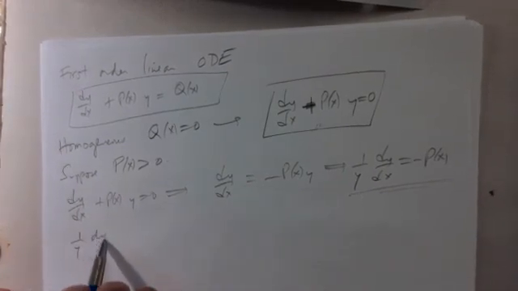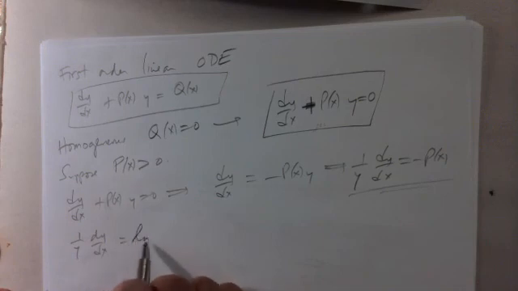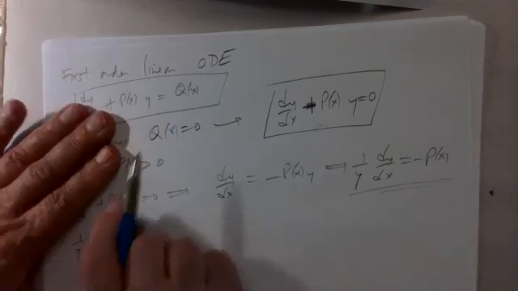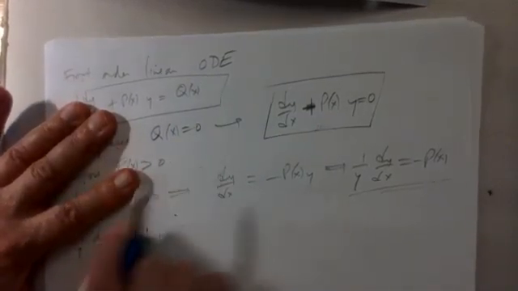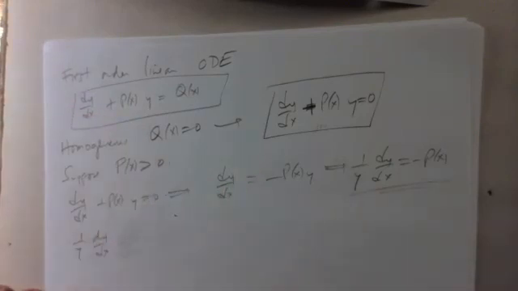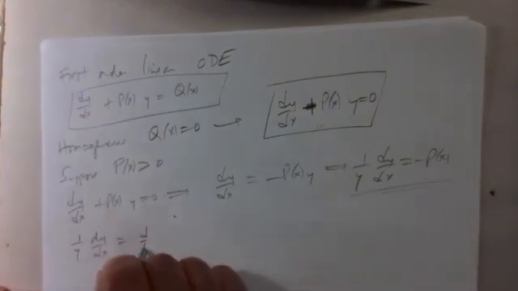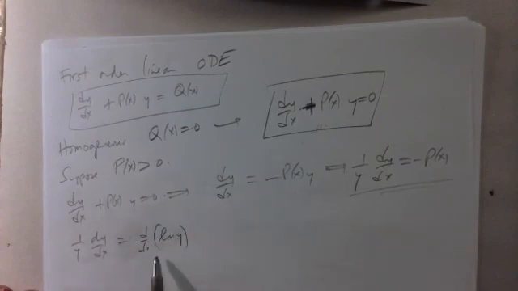And 1 over y dy dx, if y is positive, this is just the derivative of the log of y. By the chain rule, the derivative of the log of y is 1 over y dy dx.